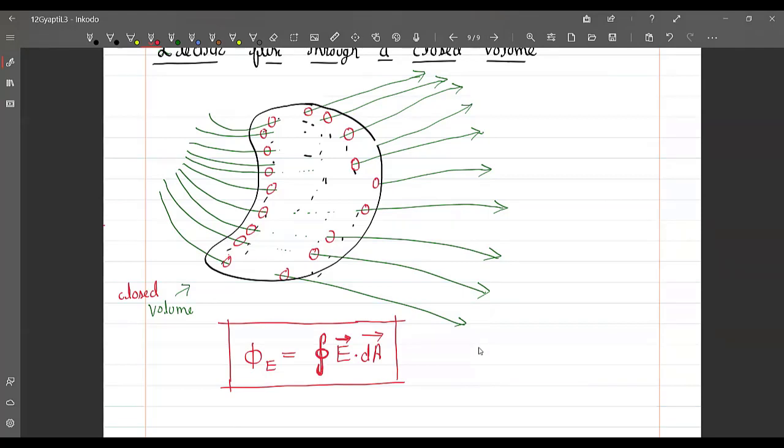If you want to write the unit of flux, it will be Newton per coulomb into meter square, that is Newton meter square per coulomb. So for the usefulness of this, I'll give a simple example, and we'll learn how to calculate the flux over a volume.